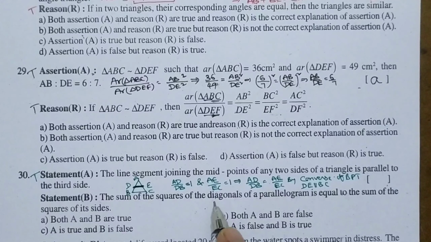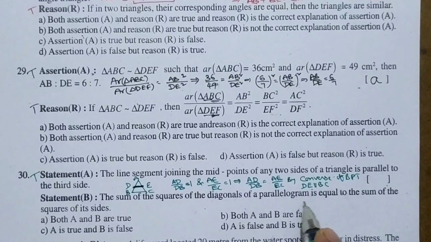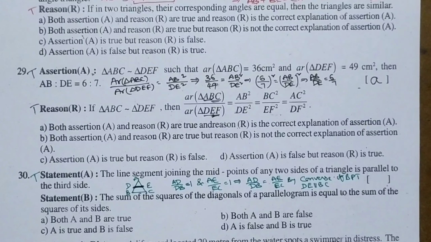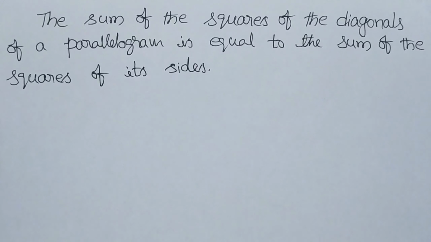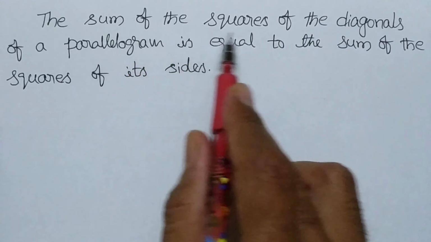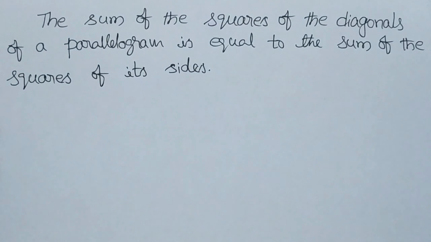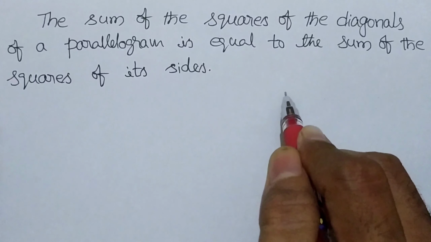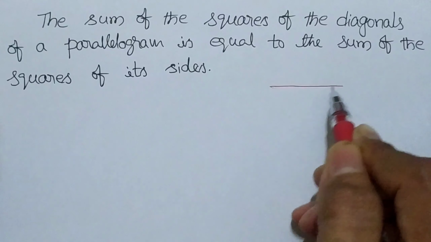The sum of the squares of diagonals of a parallelogram is equal to the sum of the squares of its sides. Now the question is the sum of the squares of the diagonals of a parallelogram. So here let us consider a parallelogram ABCD.